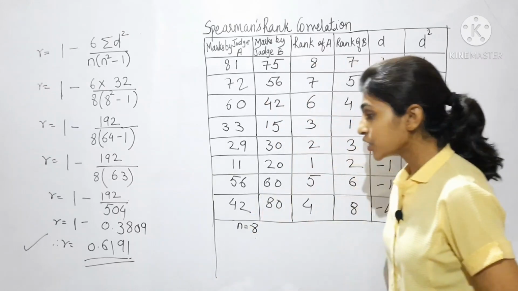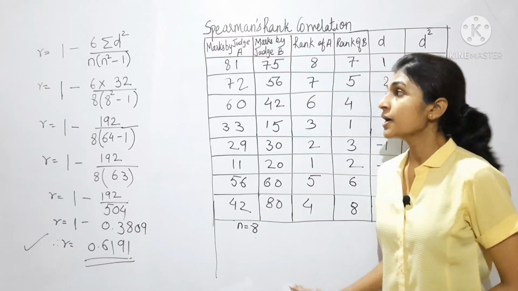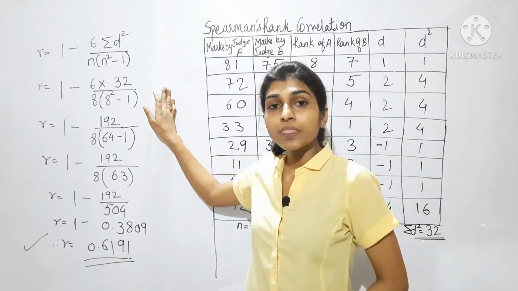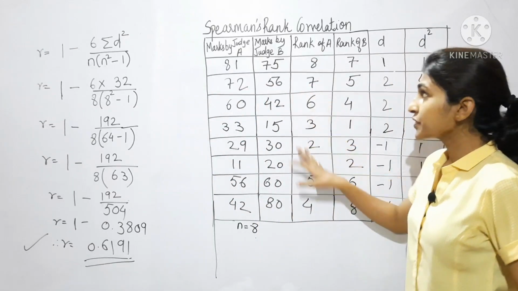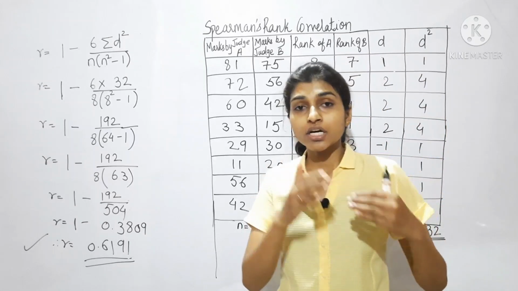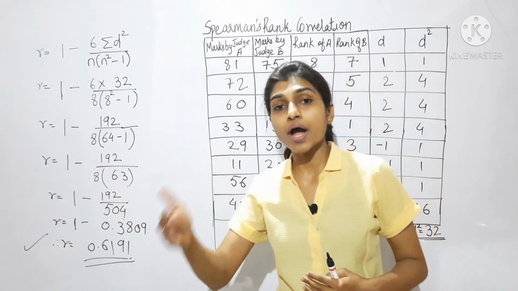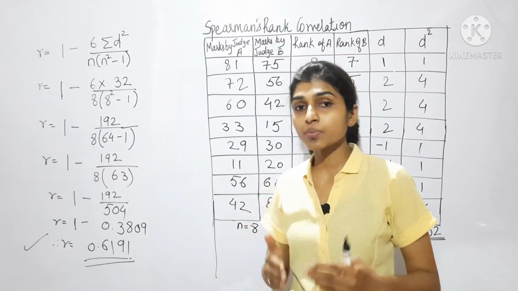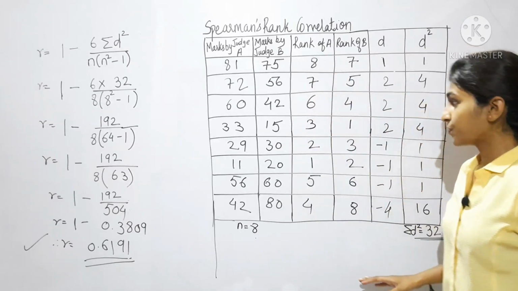I hope you have understood how to calculate by using the formula and by giving ranks to the particular marks. You can give rank either from lower to higher or higher to lower. It depends upon you.